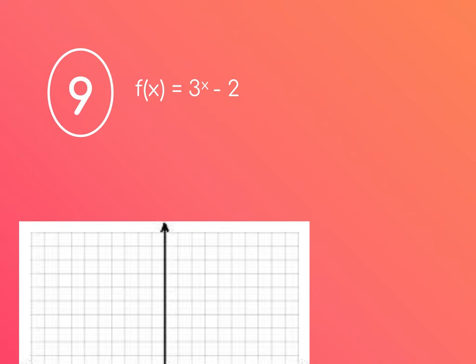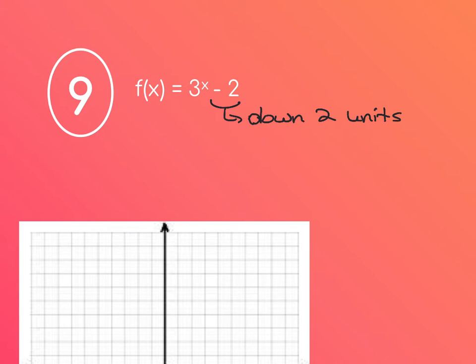So notice it is being subtracted from the base. So this is a vertical transformation. This is going to be down 2 units. So when it's the shift up and down, it's the number that you would think of. So you're thinking a -2, it means it's moving it down 2 units.